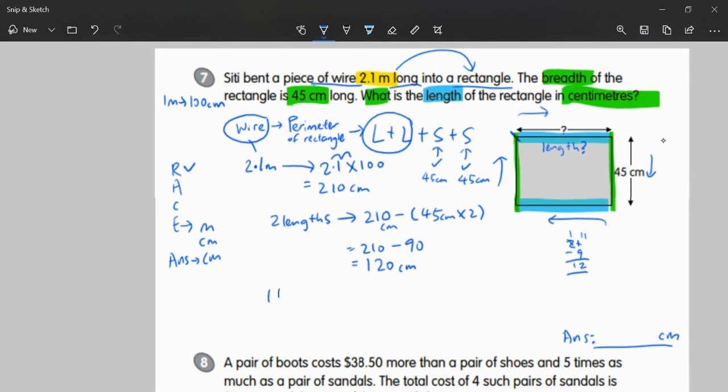So one length will be 120 centimeters divided by 2, and that will be 60 centimeters.